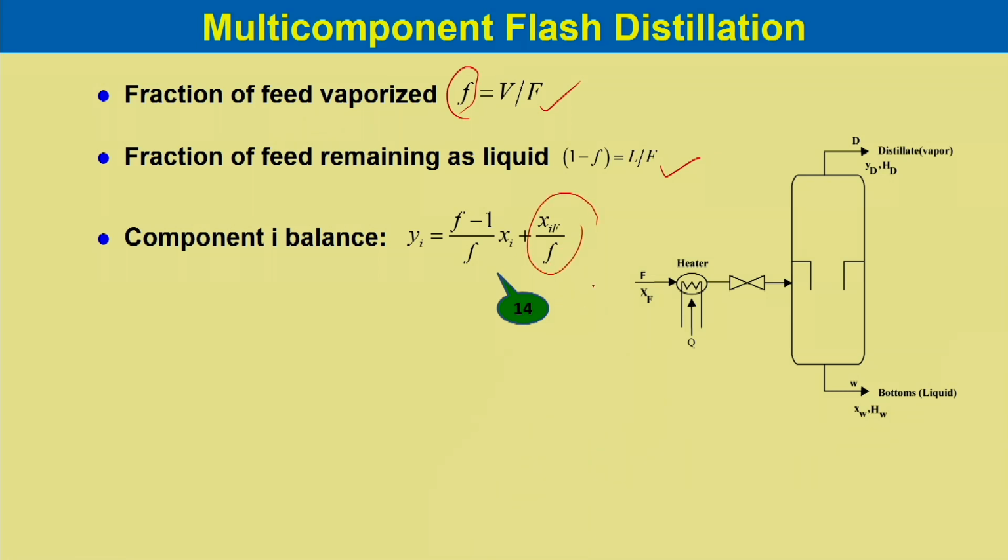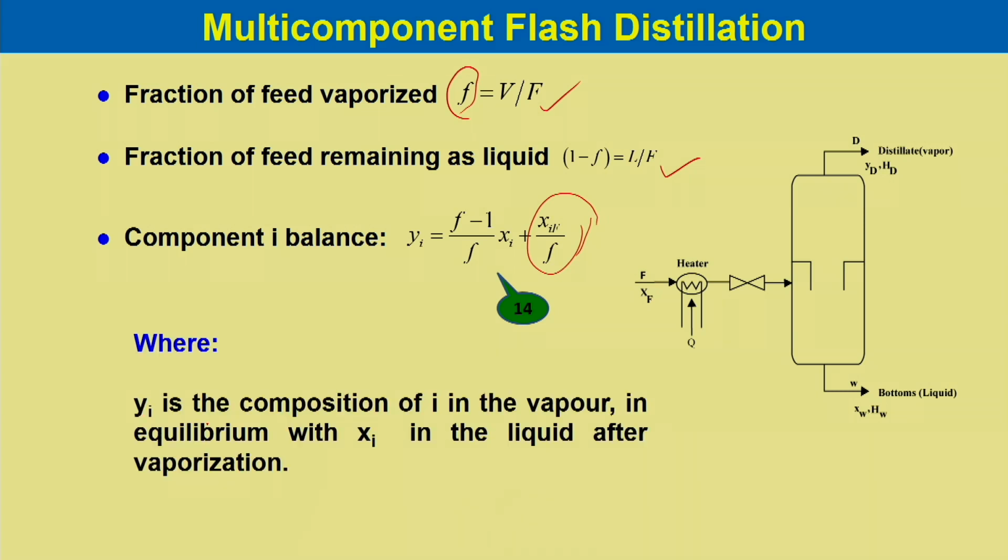So, x i f is the feed composition or feed concentration of component i. y i is the composition of i in the vapor in equilibrium with x i, which is in the liquid after vaporization. So, this is equation 14.